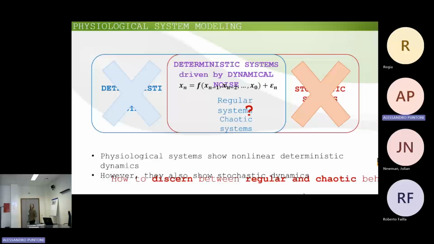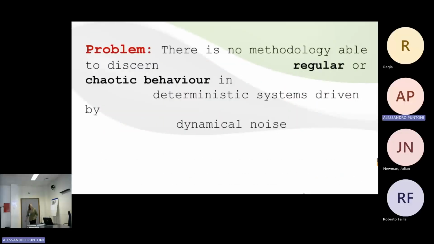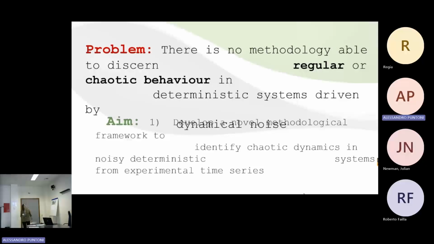To answer this question, the problem is that there is no methodology able to identify regular or chaotic behavior in a deterministic system driven by dynamical noise. So, in our work, our first aim is to develop a novel methodology that can do this job.